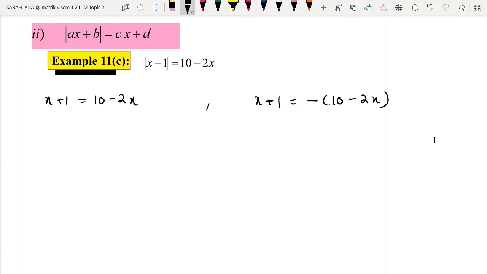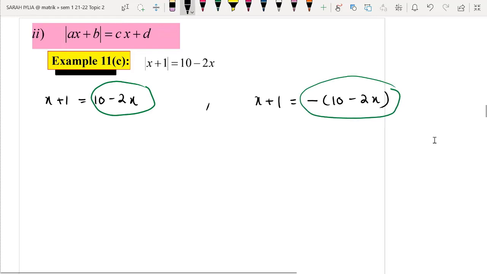Okay. Pecah tu mesti ingat satu side ada positif, satu side tu negatif. Itu je. Kalau satu basic definition ni, itu je syarat dia. Satu positif, satu negatif. And then simplify your equation. In this case, first case kita akan dapat x equal to 3.